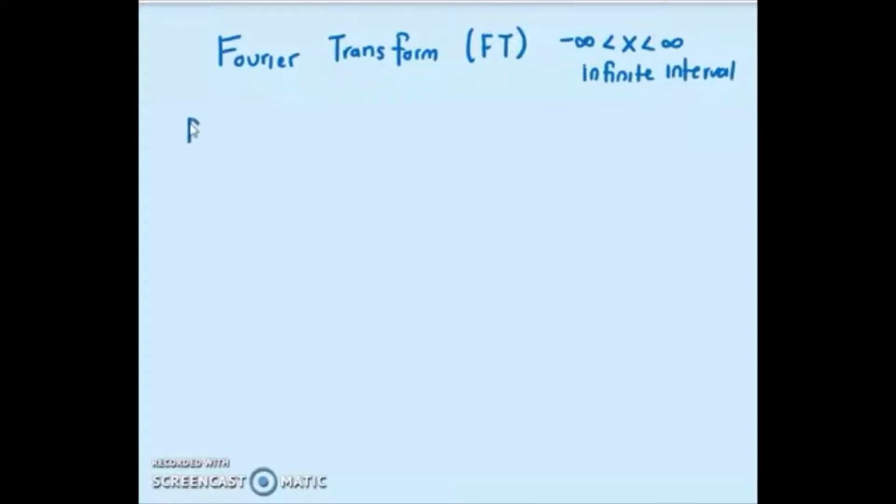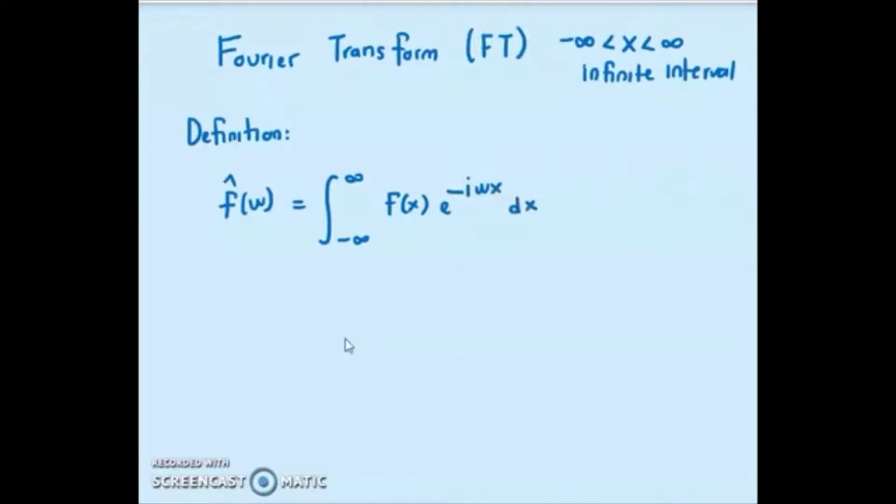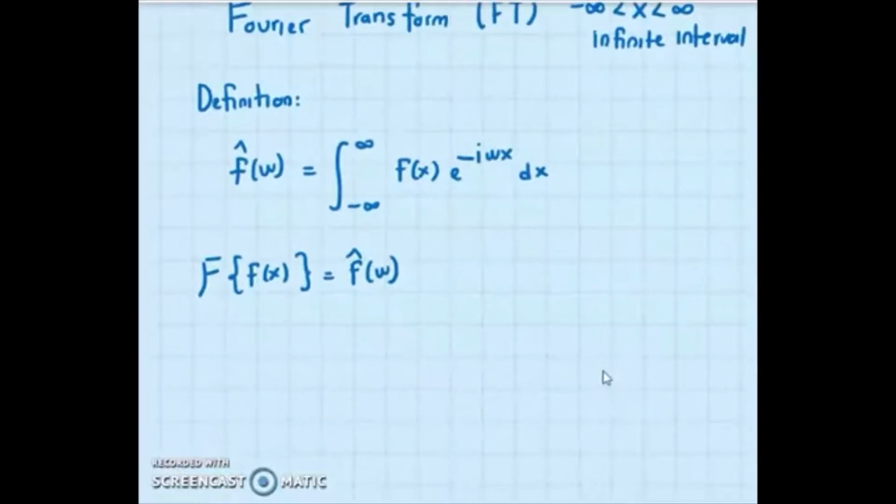The definition of the Fourier Transform is given by f hat of omega equals the integral from minus infinity to infinity of f(x) e to the negative i omega x dx. In other words, the Fourier transform of f(x) is given by f hat of omega. This is the definition of the Fourier transform.